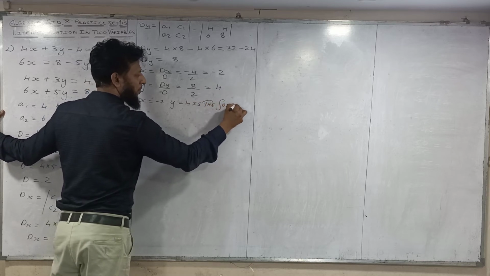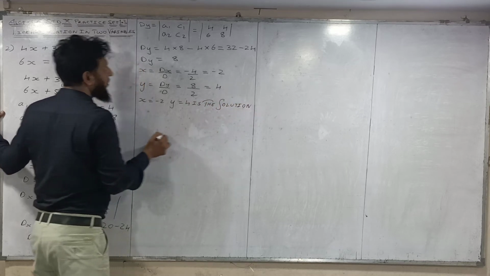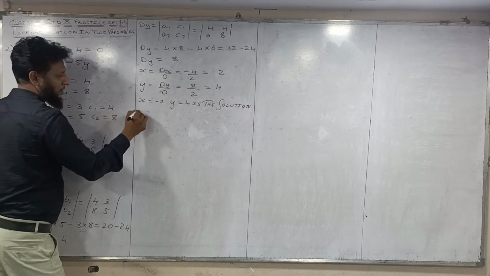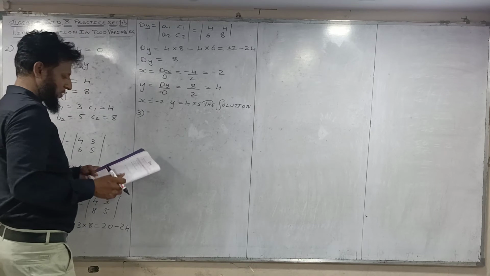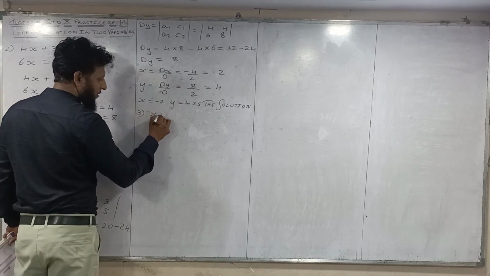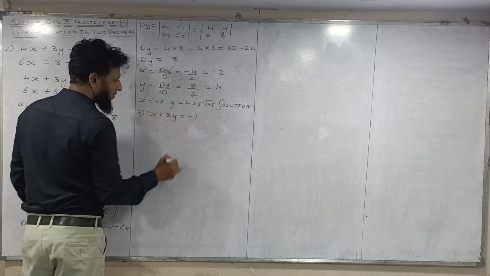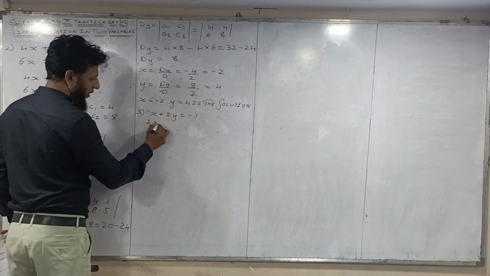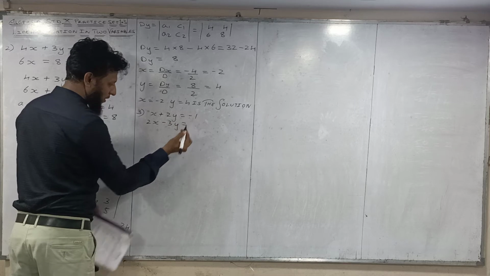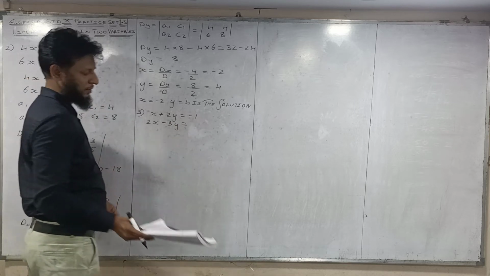Okay. Second sum finished. Come to the third sum. The equation is x plus 2y is equal to minus 1, and 2x minus 3y is equal to 12.